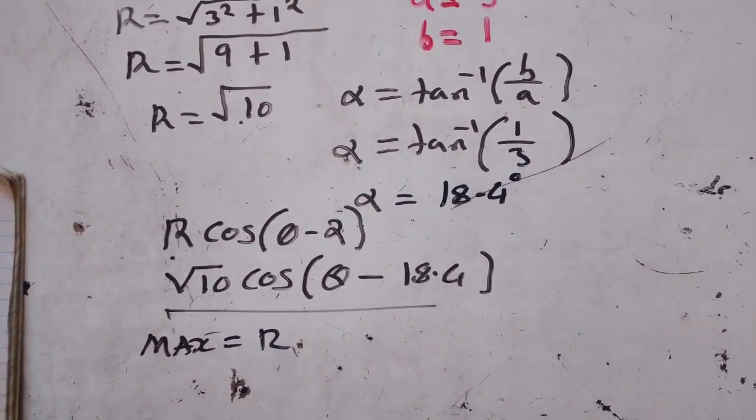So all you need is to find the value of r. In this case we found r to be the square root of 10, which gives you 3.16. So I've explained how to find the maximum value after expressing in this form. You just find the value of r, that's all.